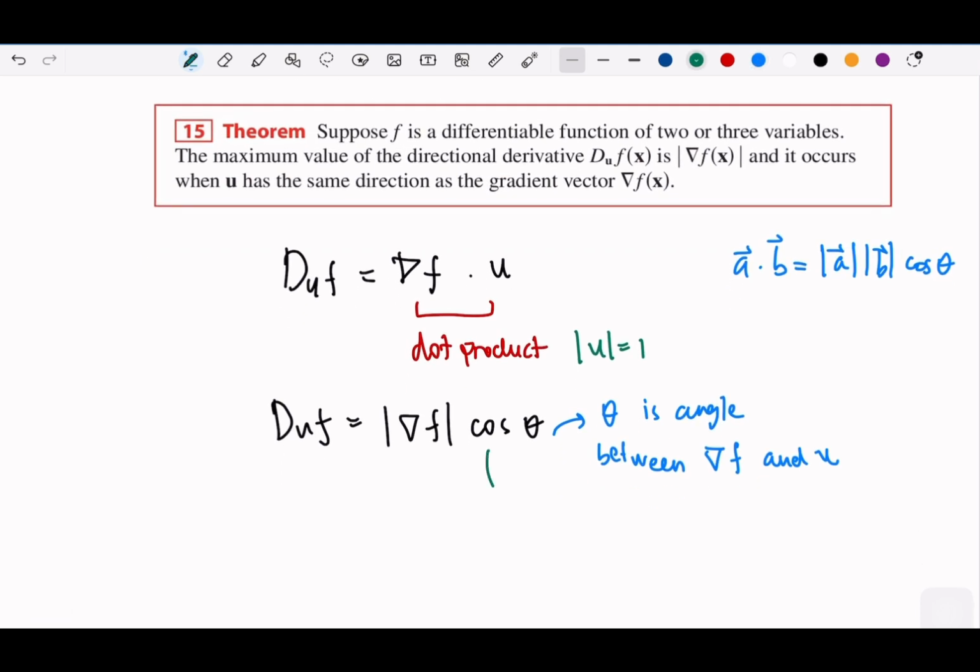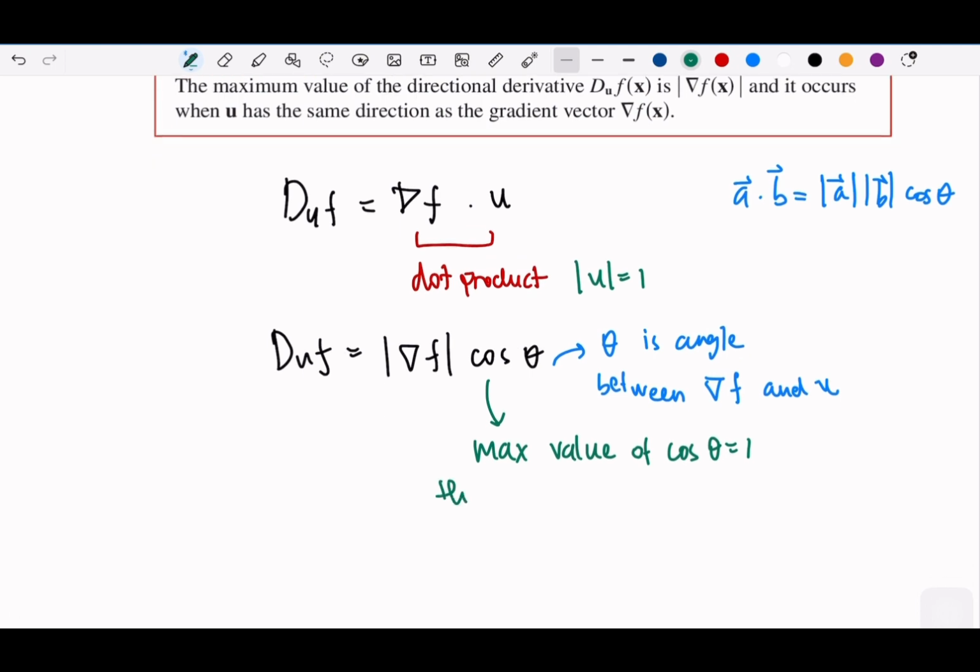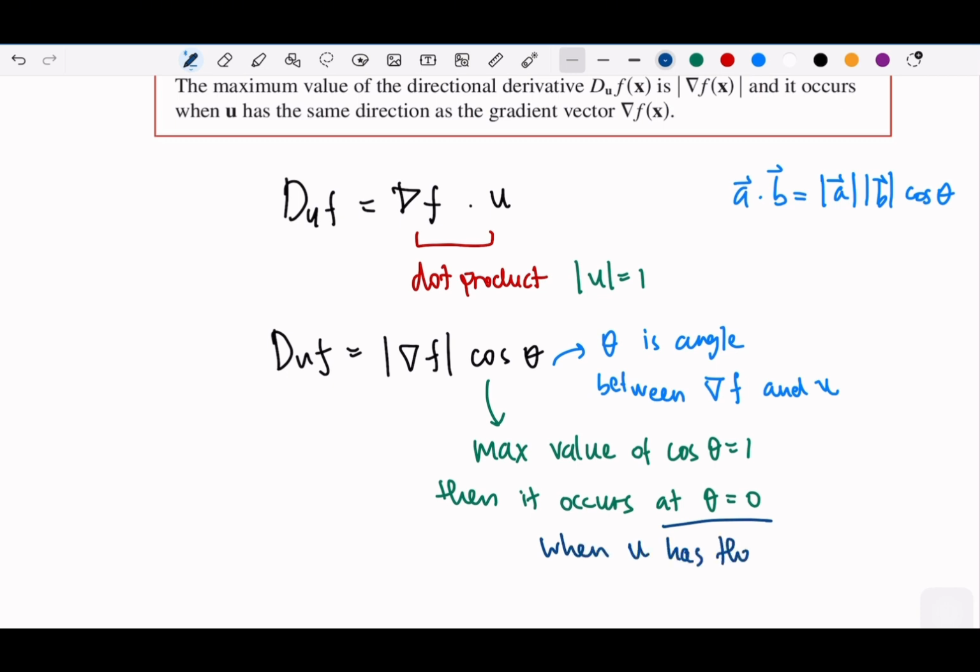And since the max value of cosine theta is 1, then it occurs when theta is 0, which means that when the unit vector has the same direction as del f.